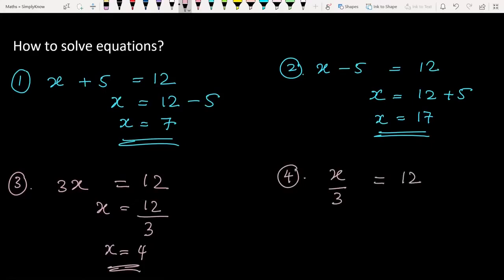Now here again, the left side is divided by 3. So when we transpose 3 to the other side, to the right side, we need to multiply the right side by 3. So these are our steps. x equals 12 times 3, which is 36. x is 36.